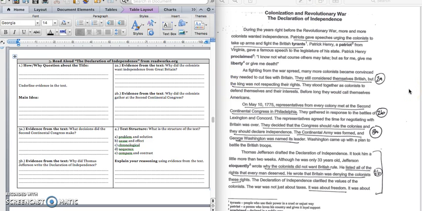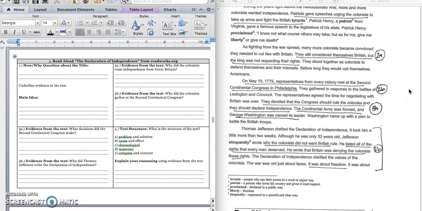Let's keep reading. They stood together as colonists to defend themselves and their interests. Before long, they would call themselves Americans. On May 10, 1775, representatives from every colony met at the Second Continental Congress in Philadelphia. They gathered in response to the battles of Lexington and Concord.